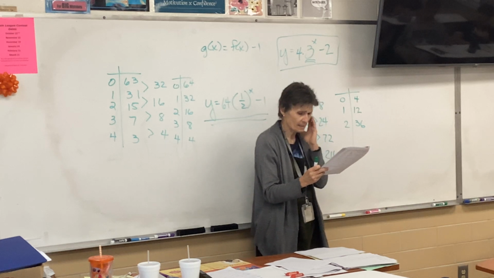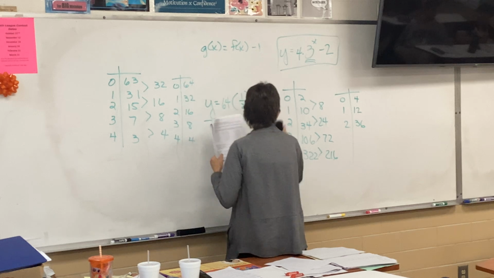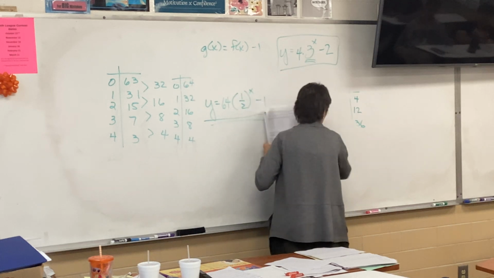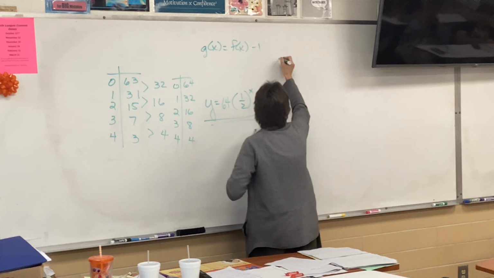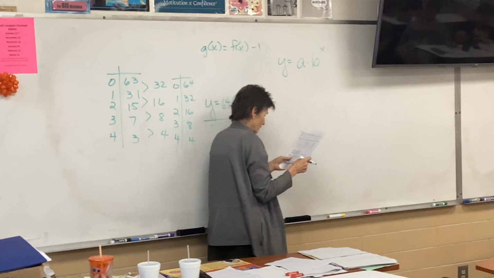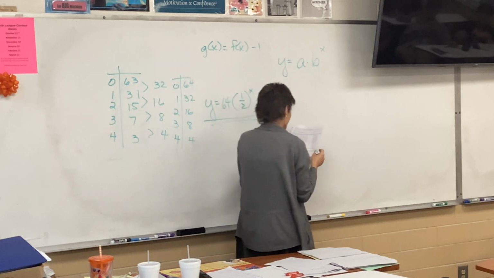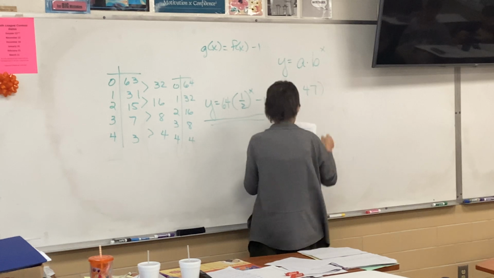Number of fans inside the stadium. We're going to write an exponential function. Remember, your exponential functions are a times b to the x. After 2 minutes, there are 47 people.